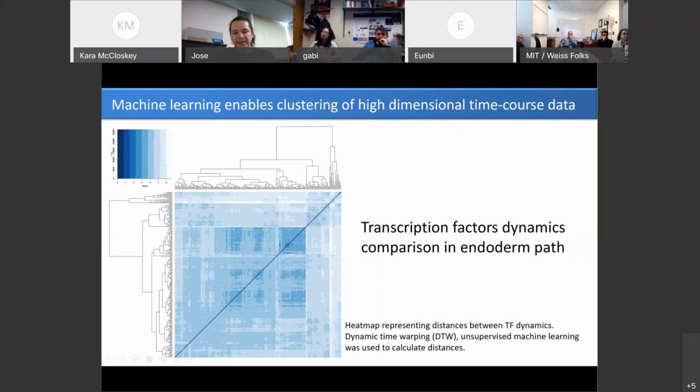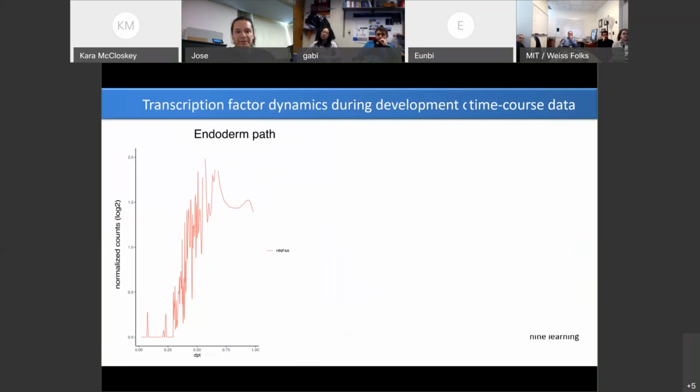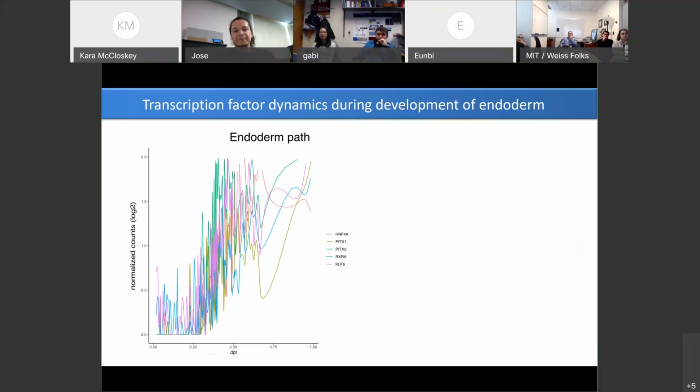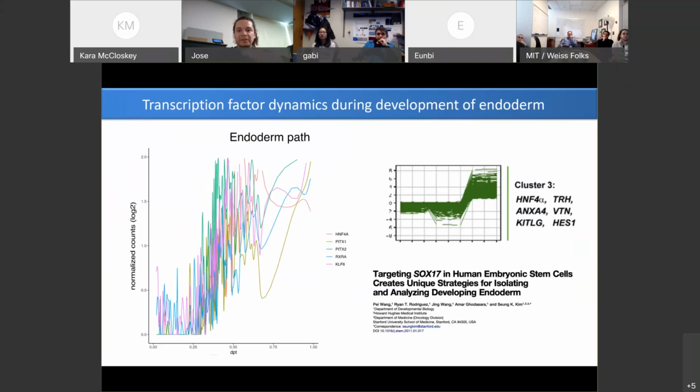In more detail, we can evaluate our favorite transcription factor, HNF4 alpha that I just described, and ask what the most closely associated gene dynamics in our data set are. Basically, we can find genes with similar expression dynamics. And something that was very nice is that we are pulling out clusters that have been reported previously in the literature, which makes me think that the analysis is working and we're getting meaningful data out of these expression dynamics.